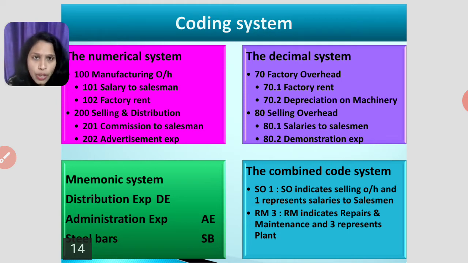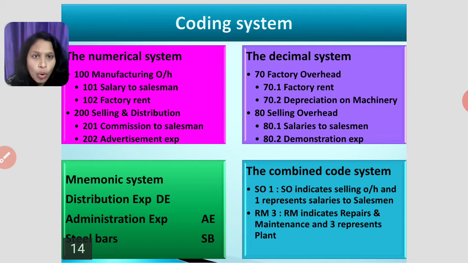It means we assume 100 is called manufacturing overheads. We give a proper number, 100, which means manufacturing overheads. Then the code 101 is for salary to salesman, 102 for factory rent, then 103 for depreciation of machinery, etc. It means we are using those contents relating to manufacturing overheads.